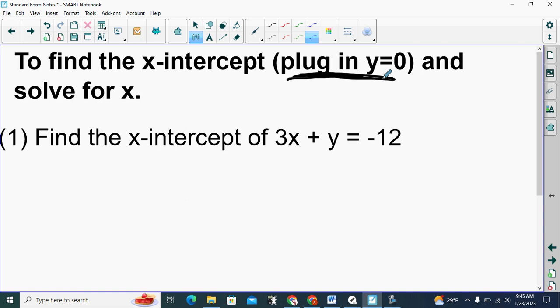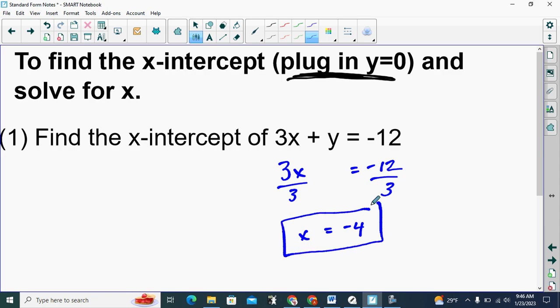So if I put in 0 for my y, it's going to say 3x plus 0 equals negative 12. And remember, adding 0 is the same thing as doing nothing. I don't need to put that plus 0 on there. So that just gives me 3x equals negative 12. Divide both sides by 3. Gives me x equals negative 4. There is our x-intercept. Notice an x-intercept is going to wind up saying x equals.